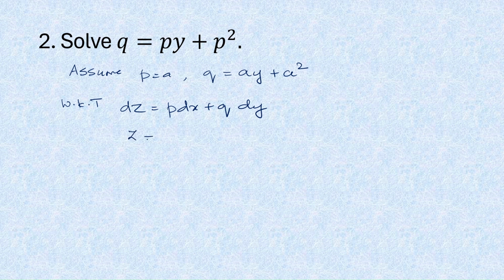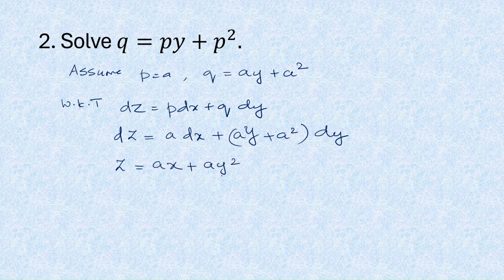So z = ∫ a dx + (ay + a²) dy. Integrating, it gives z = ax + ay²/2 + a²y + c, which is the complete integral.